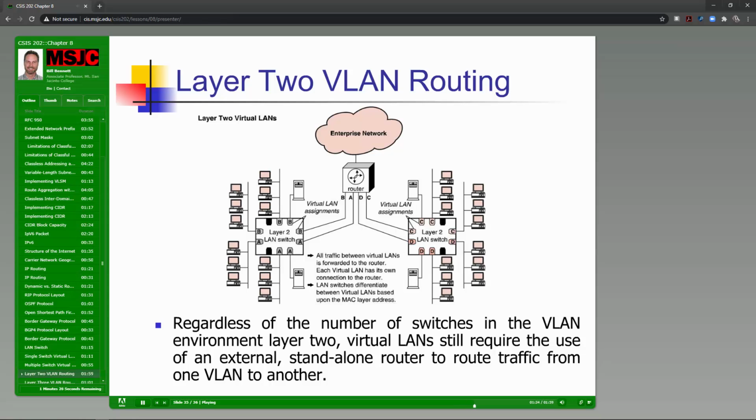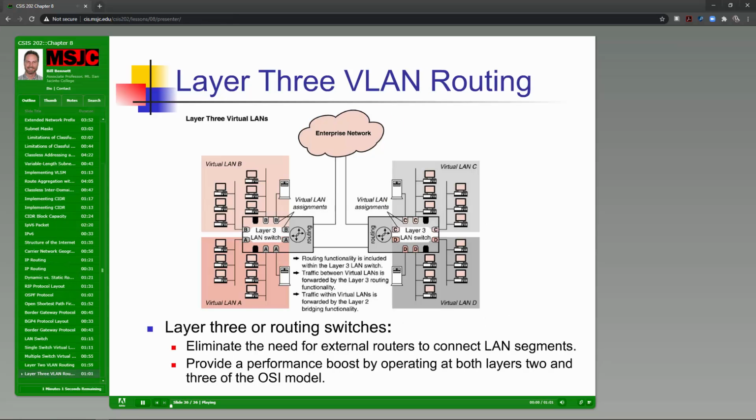That's what this graphic is showing you: there's one switch port from A, one from B, one from C, and one from D that are all connected to four different interfaces on the router in the top middle. It's the job of the router to forward the information from one virtual LAN to another virtual LAN. So again, that's in a layer 2 switching environment.